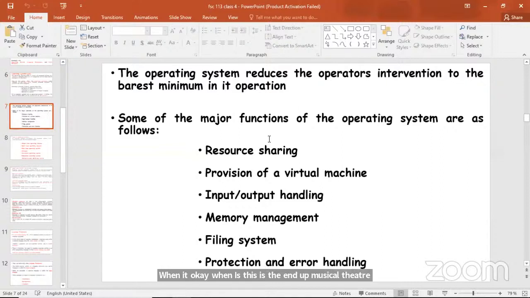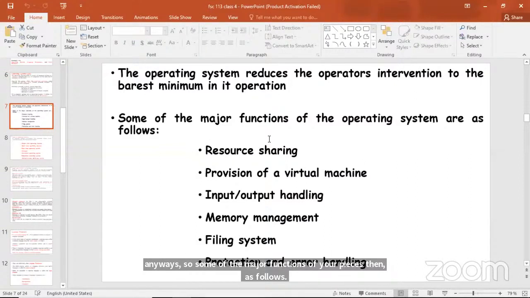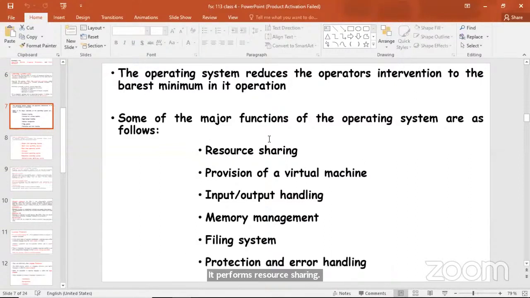So some of the major functions of the operating system are as follows. It performs resource sharing, provision of virtual machine, input and output handling, memory management, filing system, protection, and error handling. Now, at least you should just know this by listing.